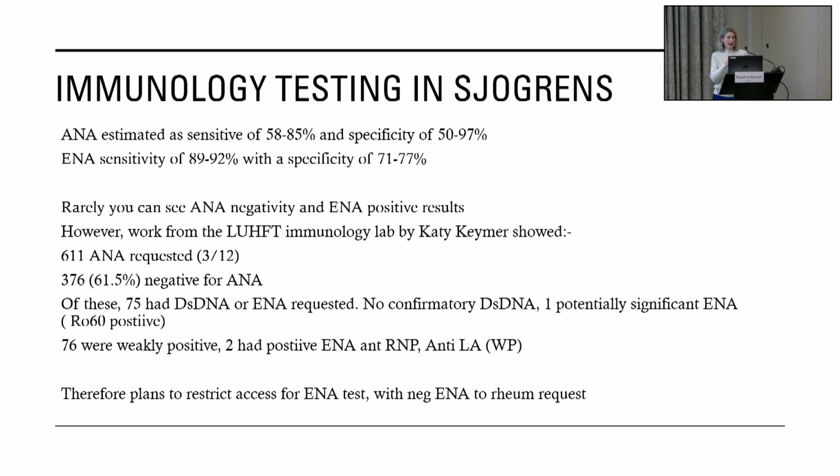But if the ANA is positive, then the lab will automatically add on an ENA and a double-stranded DNA, because this is really encouraging data to suggest that if you've got a negative ANA, it's highly unlikely that you're going to have a positive ENA, and it's just resource management is not the best if we do this. Also, it complicates things for people trying to interpret what an ENA means in the presence of a negative ANA.